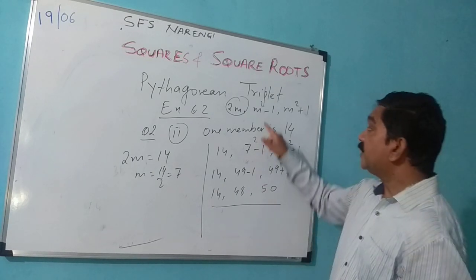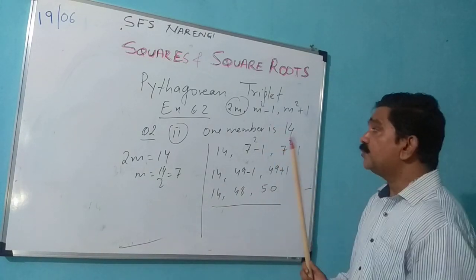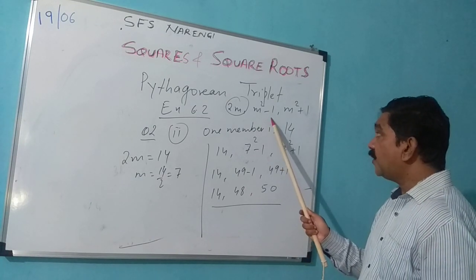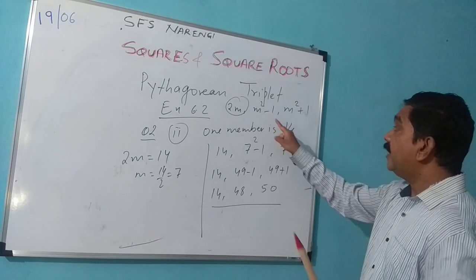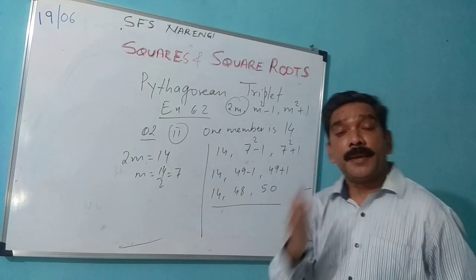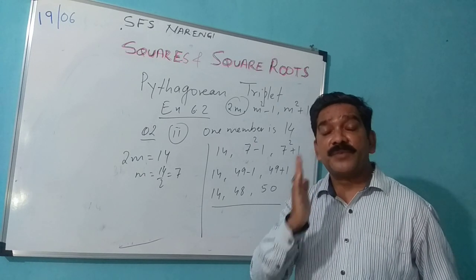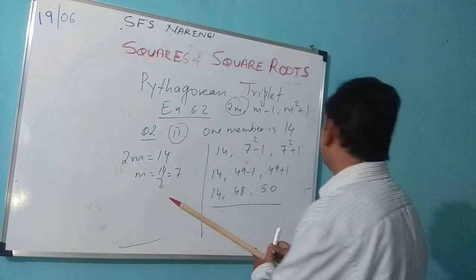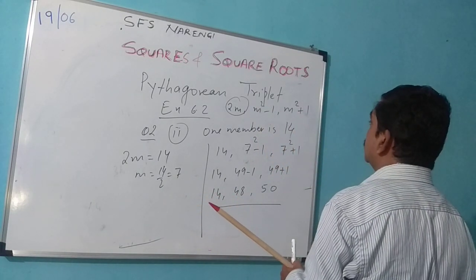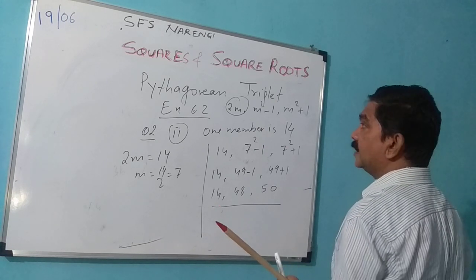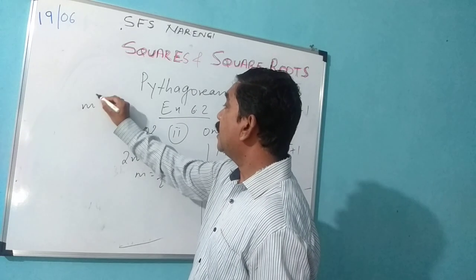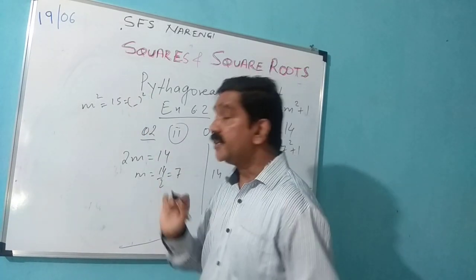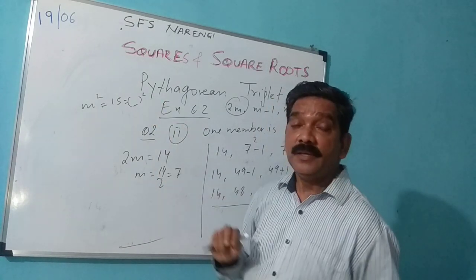Clear? Once again I am telling you, because most of the students are confused with this: why not m square minus 1 equal to 14? Because if I put 14, minus 1 will go to this side and become plus 15. There is no integer whose square can be 15.